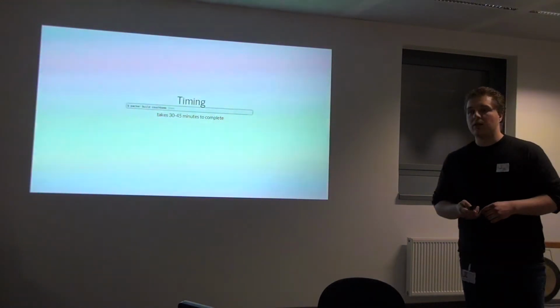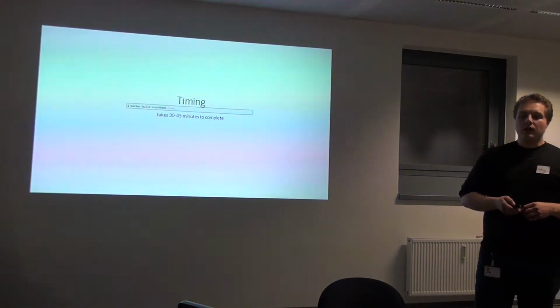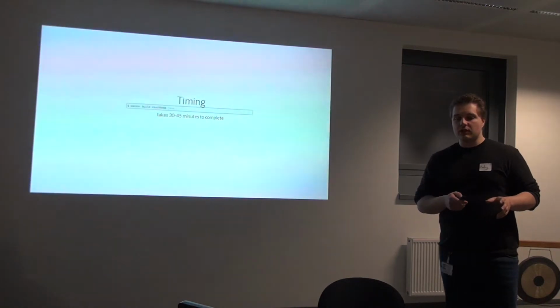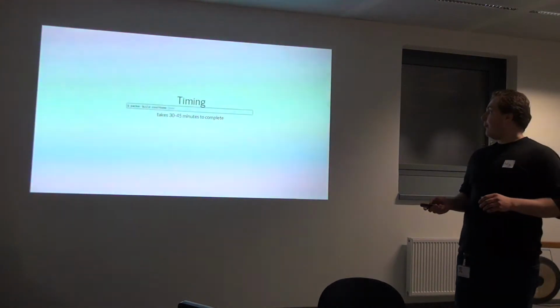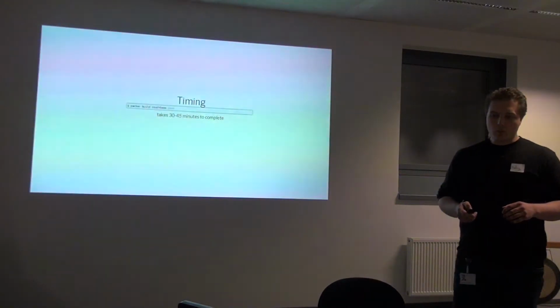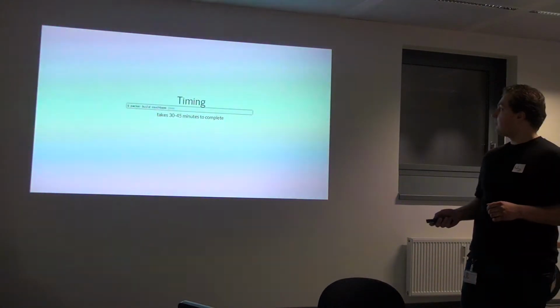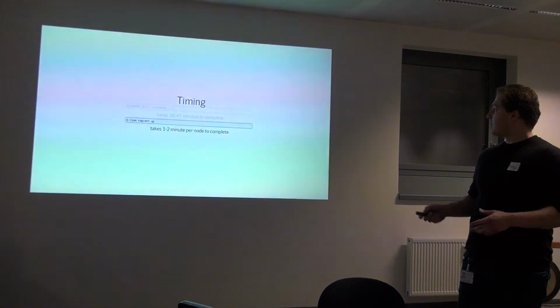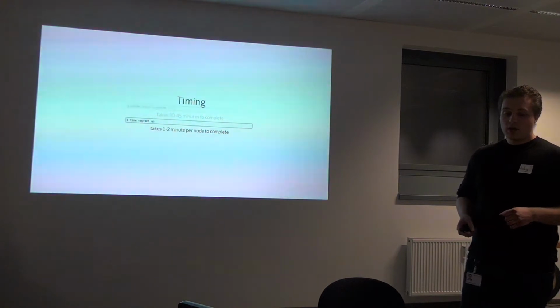It takes us 30 to 45 minutes, even without downloading of actual operating system images. But after that, you have your newly created Vagrant box, and from that, to run the configuration, you usually need only 1 to 2 minutes to complete.